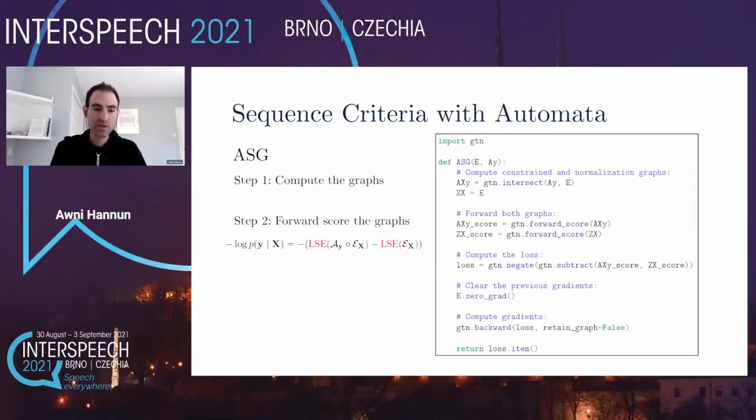The next step is to compute the forward score of both the input and output constrained graph A sub xy and the emissions graph. The intuition of what we're doing in this step is, for the first forward score in this line, we're delineating all possible paths, all possible alignments of the target y to the input of length whatever.